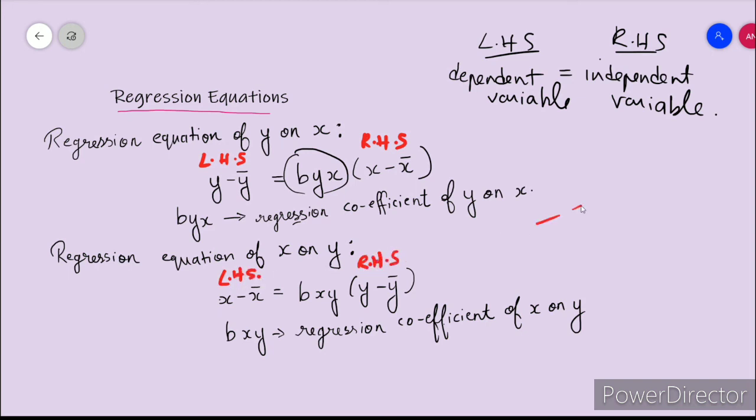So this tells us that x is the dependent variable and y is the independent variable. The regression equation of x on y is as follows, and here bxy is the regression coefficient of x on y, which is nothing but the covariance of the variables divided by the variance of the independent variable.